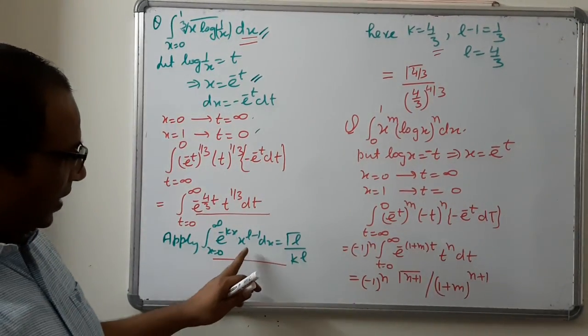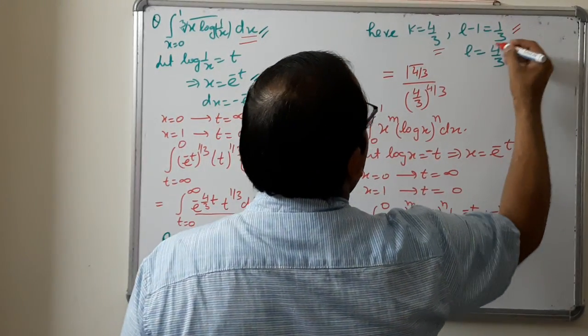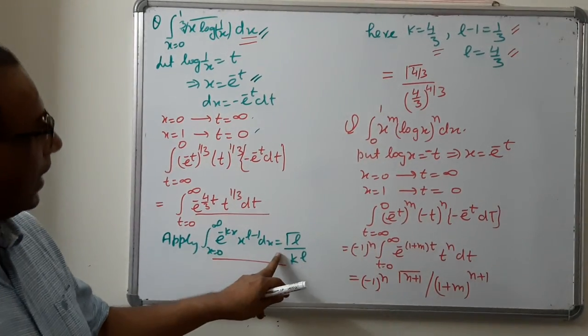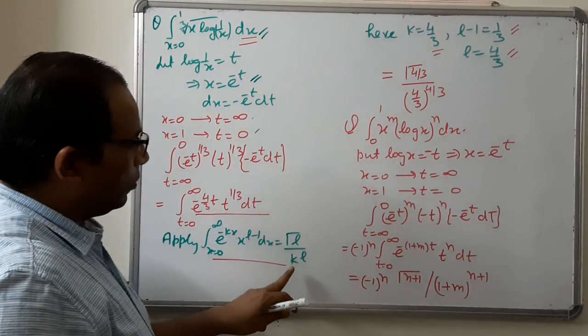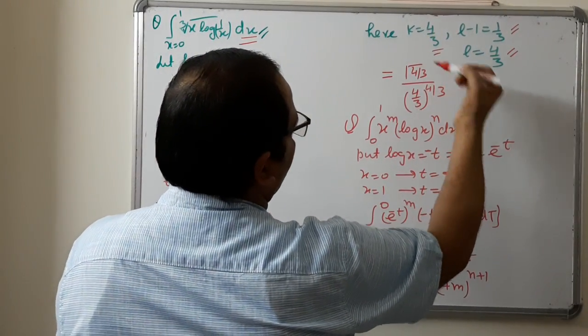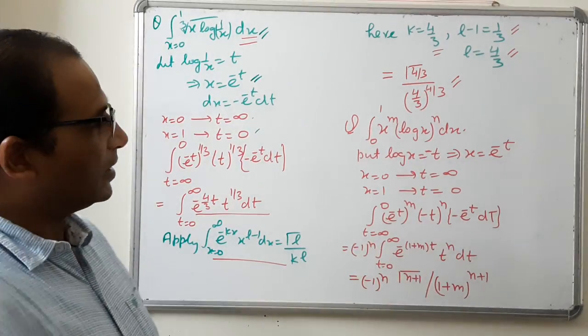And what is the value of l? So l minus 1 is 1 by 3, l minus 1 is 1 by 3, so we can say l equal to 4 by 3. So using this formula, gamma l, because l is 4 by 3, so gamma of 4 by 3 upon k to the power l. What is k? k is 4 by 3, whole power 4 by 3. This is the answer.